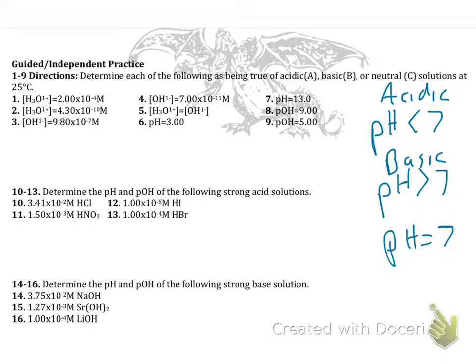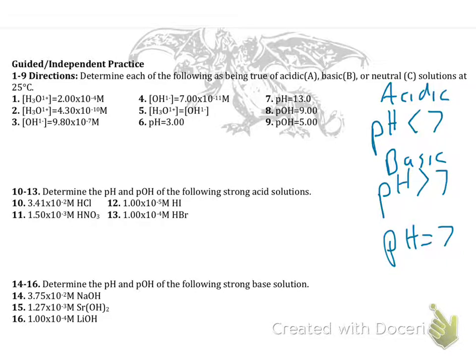Now, this first problems here, problems 1 through 9, is asking if it's an acidic, basic, or neutral solution. And so I relate this to pH, although you can relate it to pOH as well, but I relate it to pH because most people might have a familiarity with pH. And so if we can figure out what the pH of the solution is, then we can figure out if it's acidic or not.